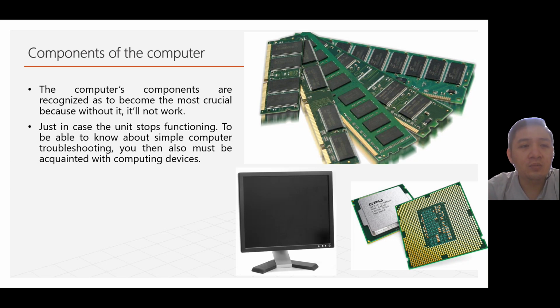The computer components are recognized as the most crucial because without them, of course, it will not work. Just in case the unit stops functioning, you may know what simple troubleshooting you can do. I think you're familiar with how you can do some troubleshooting.